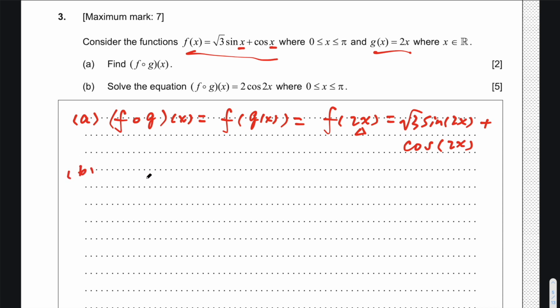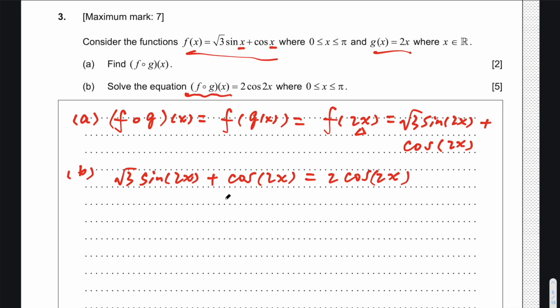Then part B, we need to solve the equation. This composite function is equal to 2 times cos of 2x, and x is from 0 to pi. Okay, so let's first write out the equation. Based on the previous part, we know that this is equal to root 3 sine of 2x plus cos of 2x, and this needs to be equal to 2 times cos 2x.